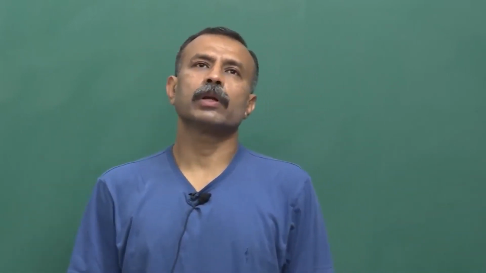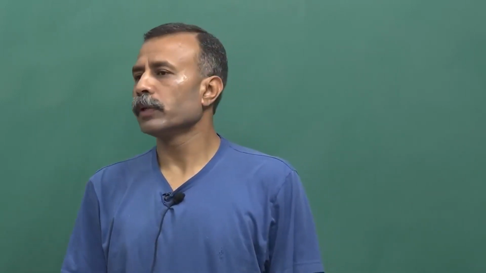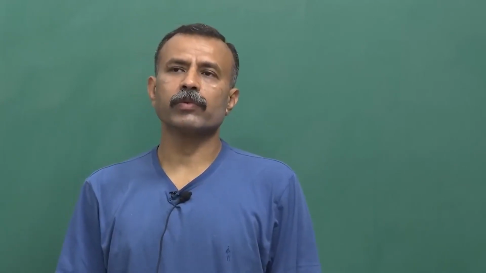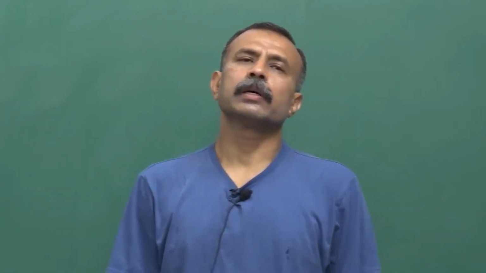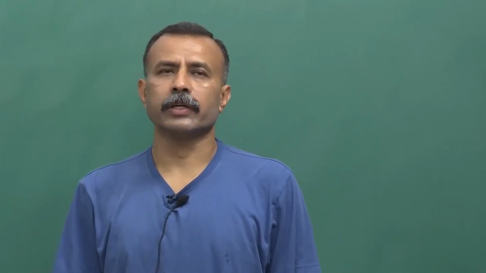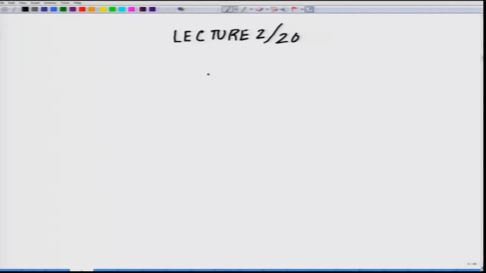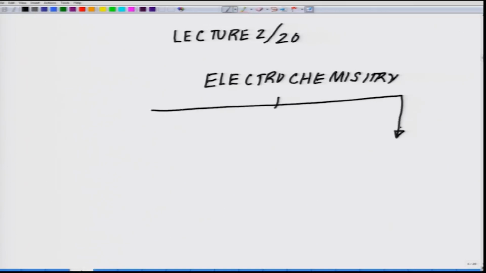Similarly, when we talk about a battery or some other fuel cell or energy harvesting system, that is where we harvest the energy, or the electrons, which are generated during a chemical reaction. So, in other words, when we talk about electrochemistry, these 2 aspects need to be kept in mind, and these 2 are dealt with in a separate way.